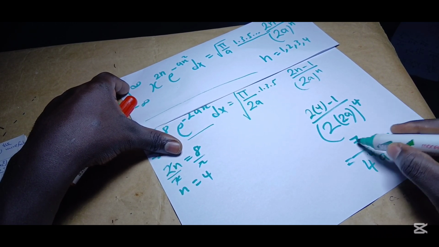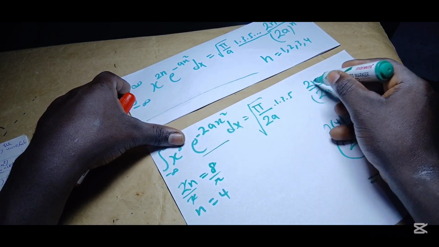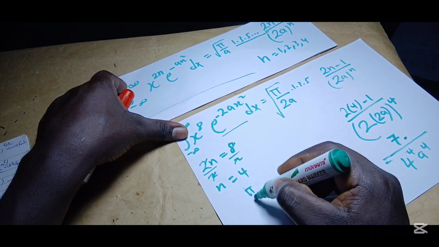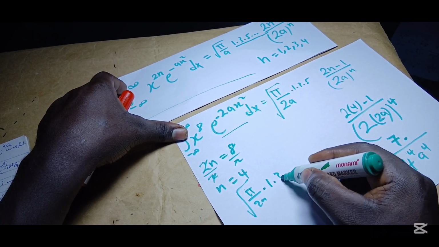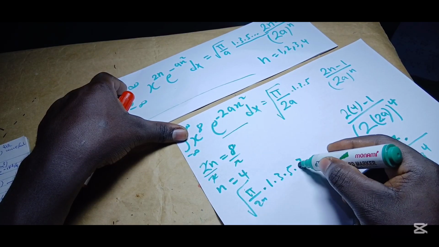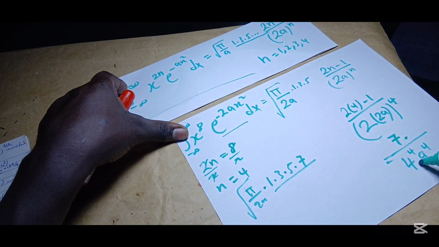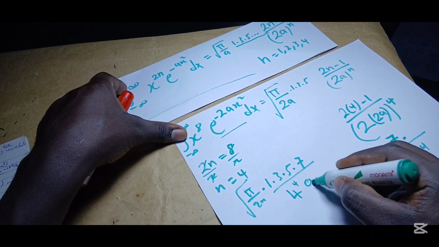Since the 2n minus 1 term gives us 7, we are going to multiply all odd numbers up to 7. So this term becomes square root of pi over 2a, multiplied by 1, 3, 5, and 7, then all divided by 2a to the power n, which is 4 to the power 4, a to the power 4.